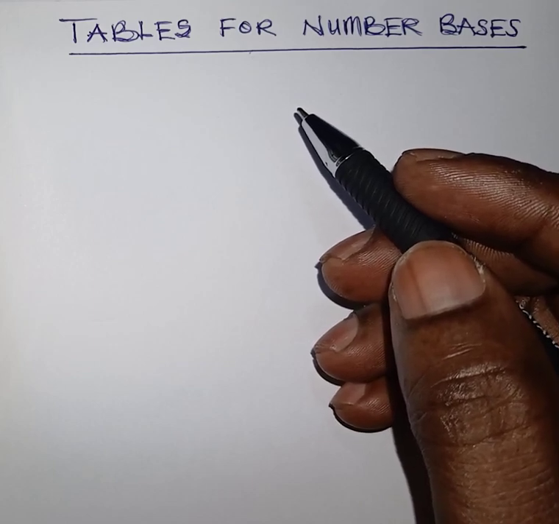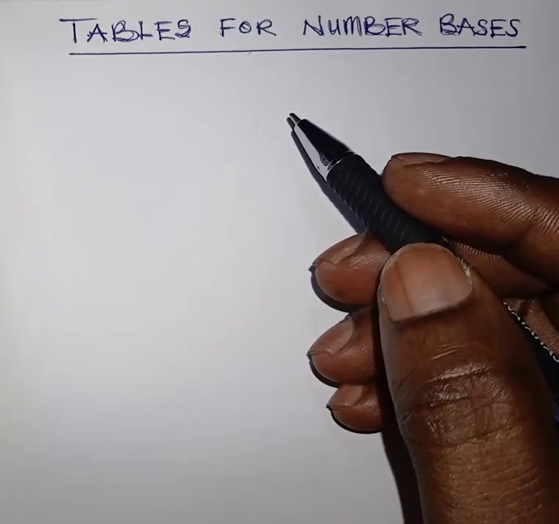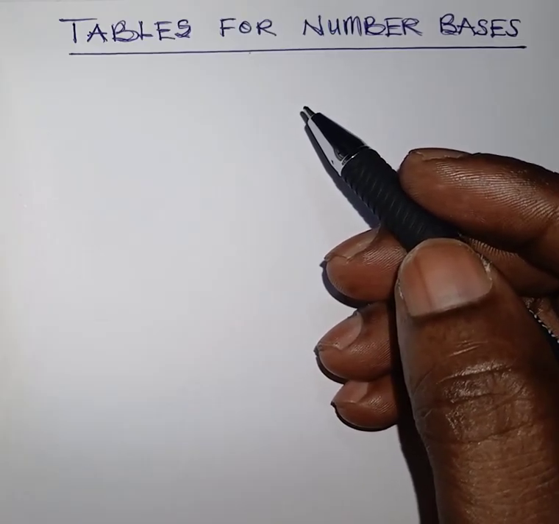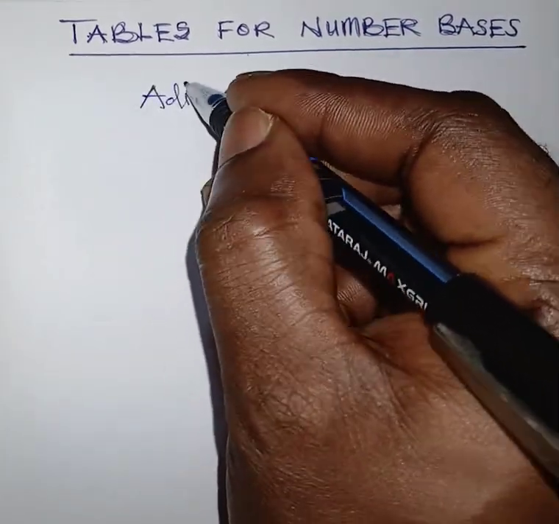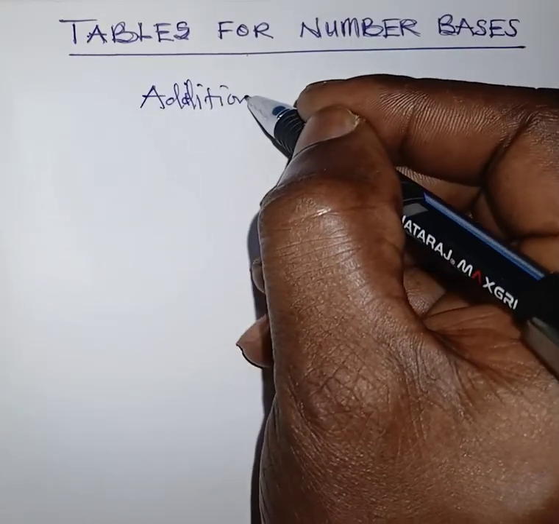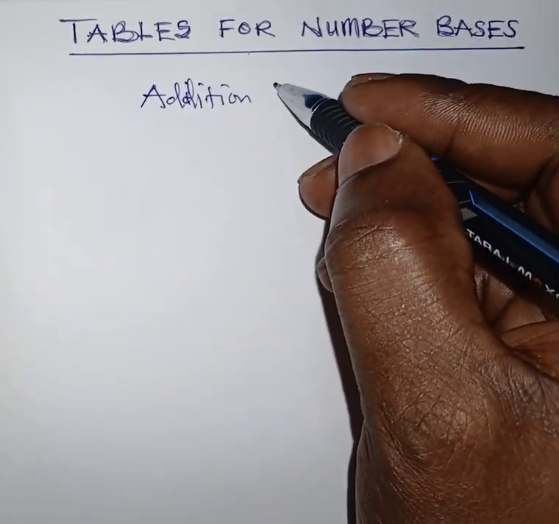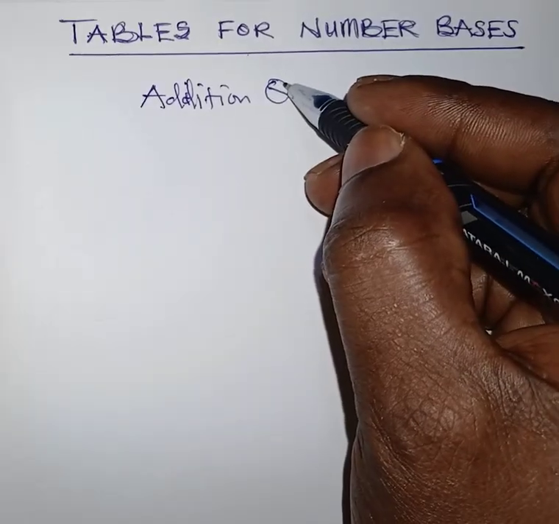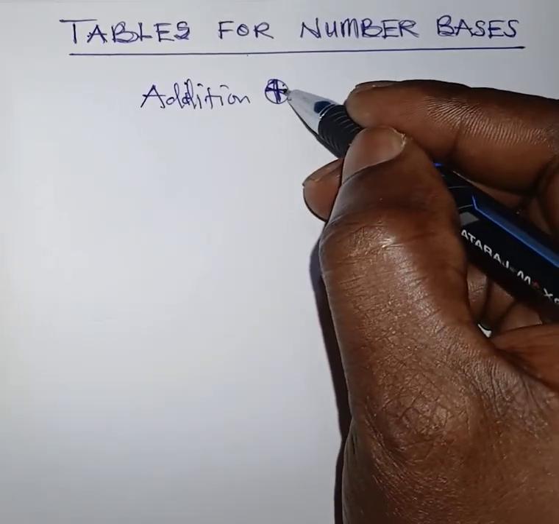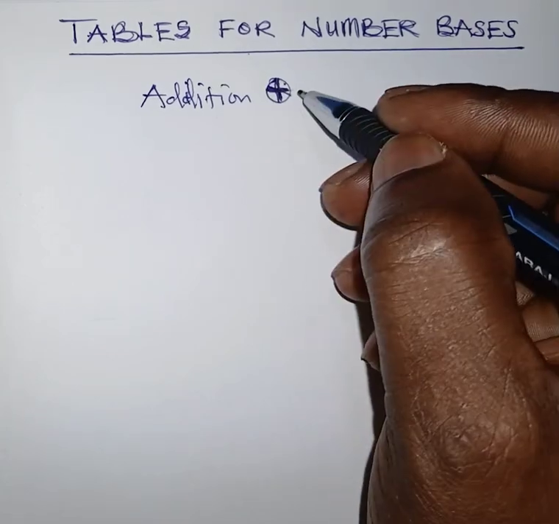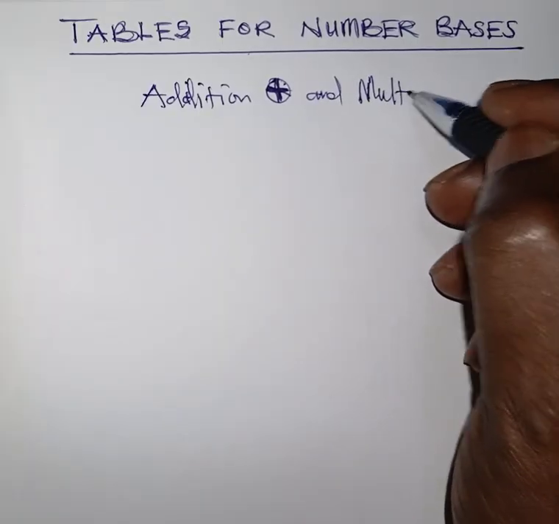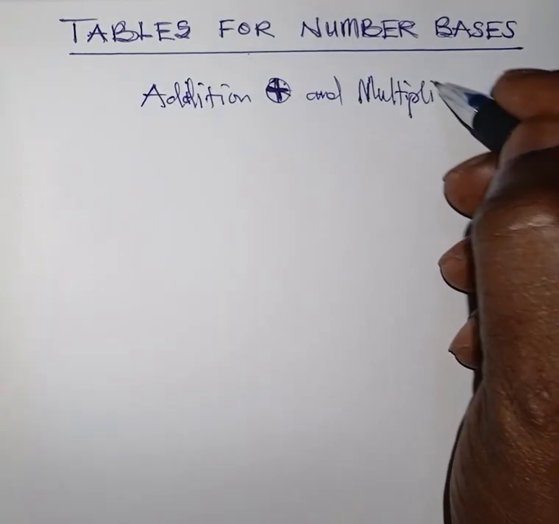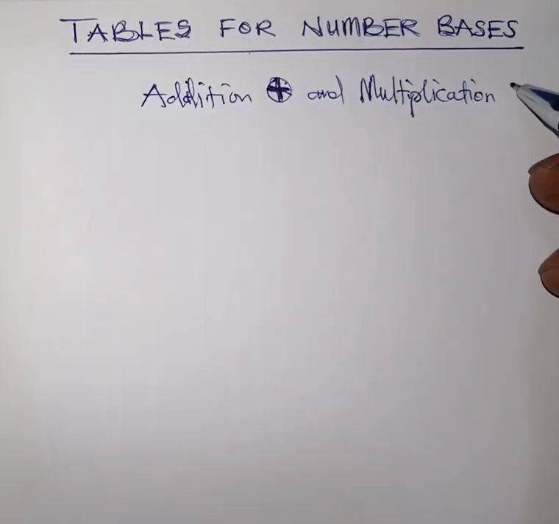Okay, so for this one, when we are talking about the tables for number base, normally we use both the addition, where we use this symbol, and we also use the multiplication, and we also use this symbol.